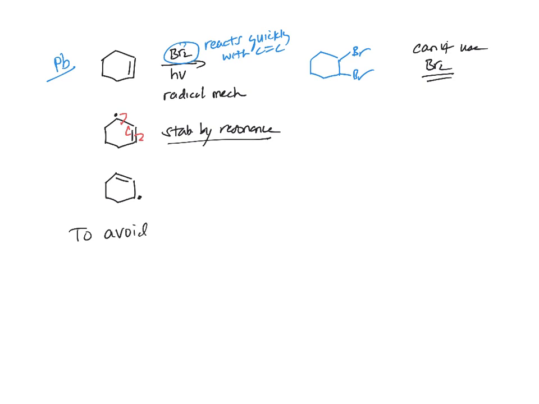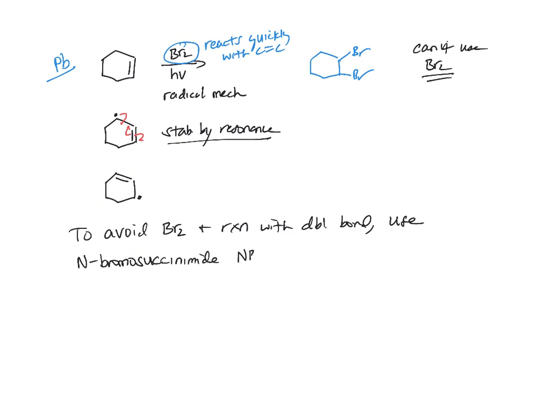That's a mouthful. So to avoid Br2 and that reaction with the double bond, we're going to use a substitute, a different reagent that will give us bromine, and it is called N-bromosuccinimide, NBS for short. And it looks like this.